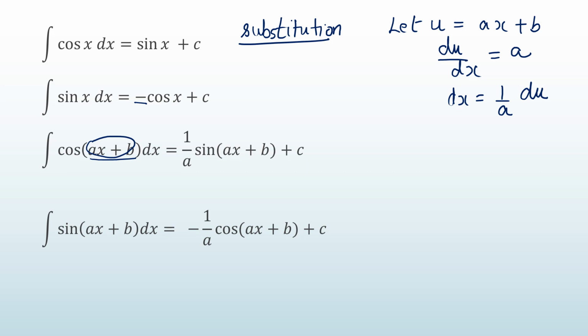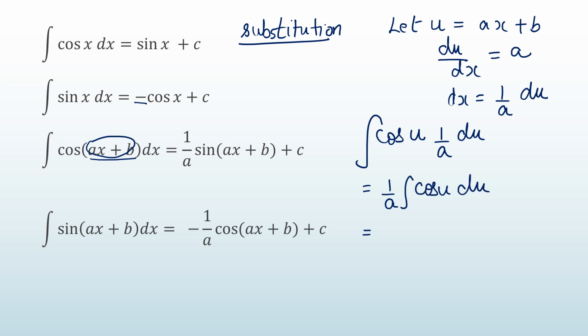So cos ax plus b now becomes cos u. dx becomes 1 over a du, which equals 1 over a cos u du. So what's the integral of cos u? That's sine u.